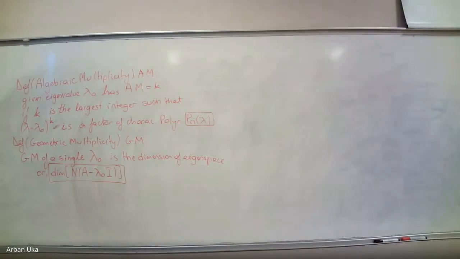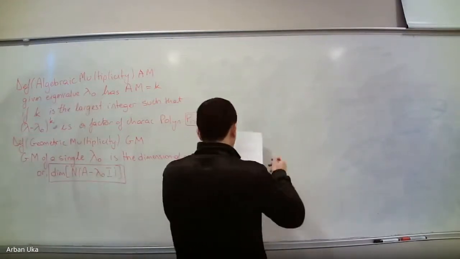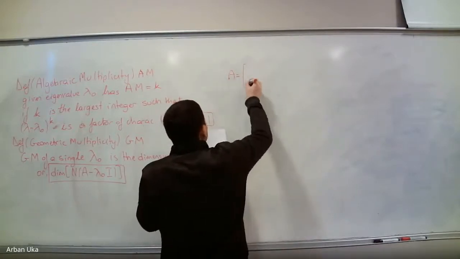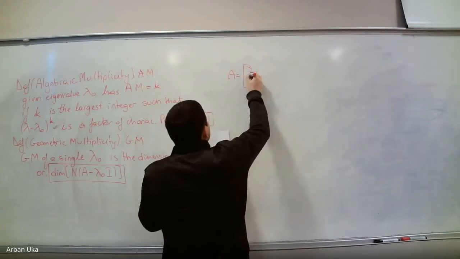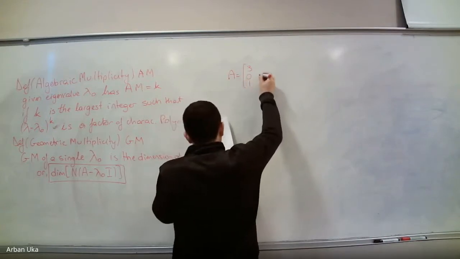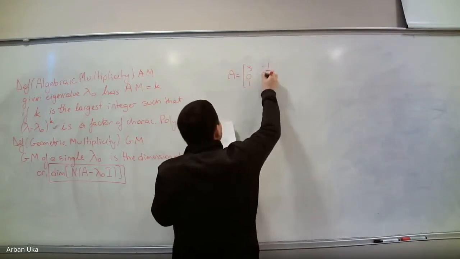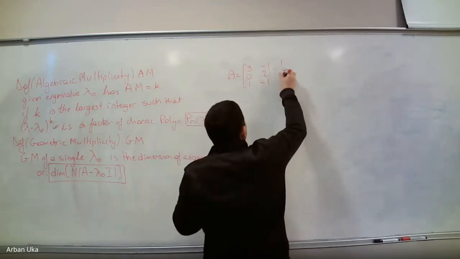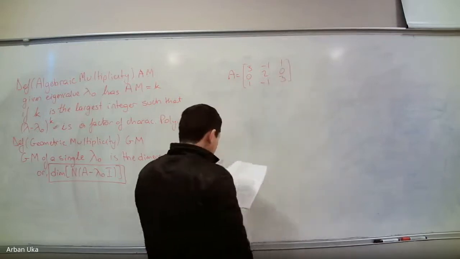Now let's try to see an example. Let's have a look. Given a matrix as on the board, which is 3, 0, 1, minus 1, 2, minus 1, 1, 0, 3.